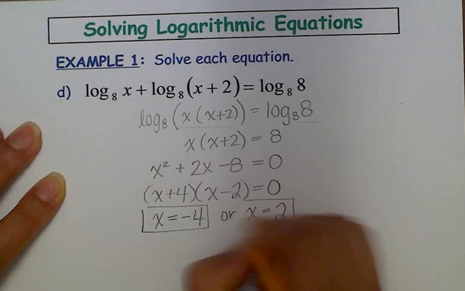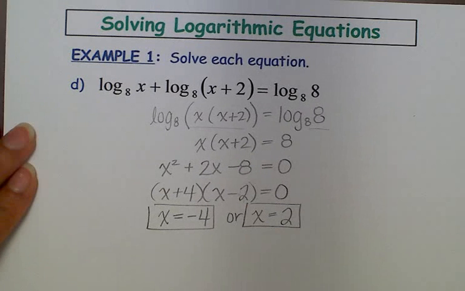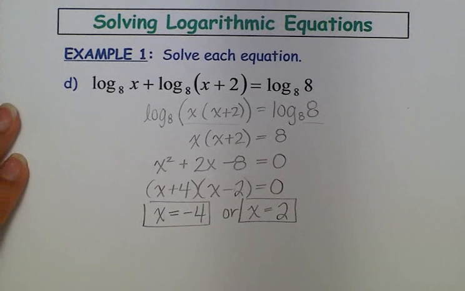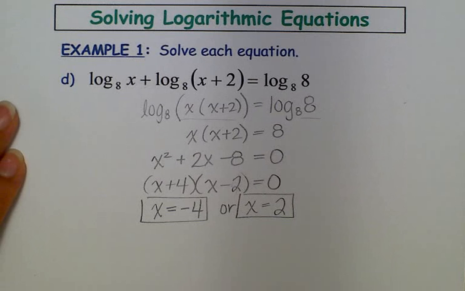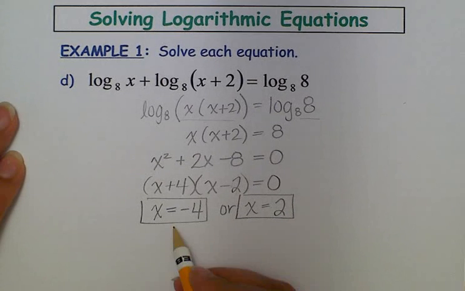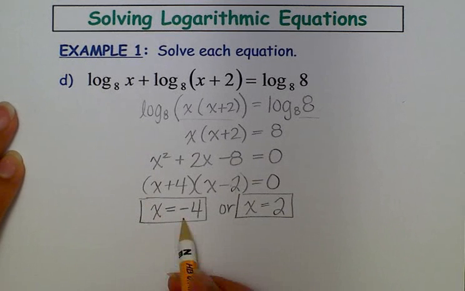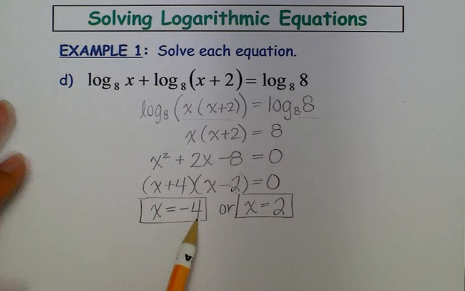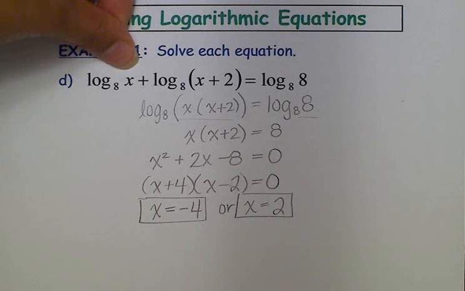But because I have more than one solution, I should check to see if either one of them may or may not be extraneous. Typically when you have more than one solution, there is a possibility that you have an extraneous root. So I'm going to check that first. I can check that very quickly by substituting into the original equation. If I plug in x equal to negative 4 in the first logarithm, you'll notice that I have log base 8 of negative 4.